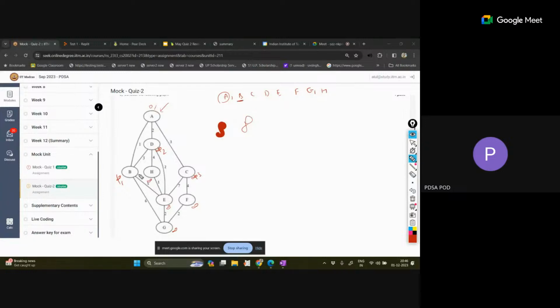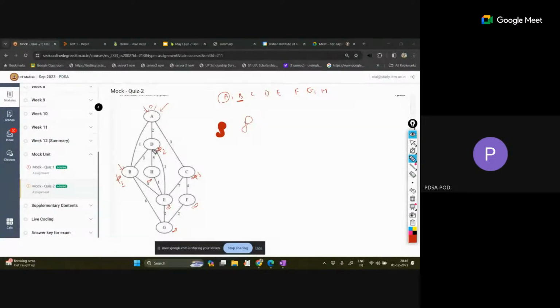Then we will select B. If we select B, what update is happening in the graph? From B, the current distance is 1, and 1 plus 3. Same thing, we will not visit a vertex which is already visited. So A is now visited in this first iteration.